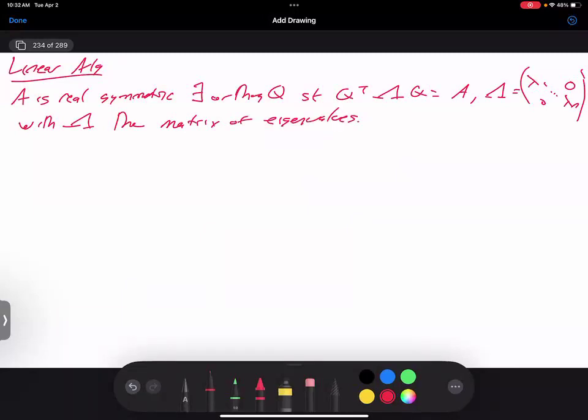How many of you have seen this theorem? This is one of the big theorems in linear algebra. If I give you a real symmetric matrix, I can diagonalize it.